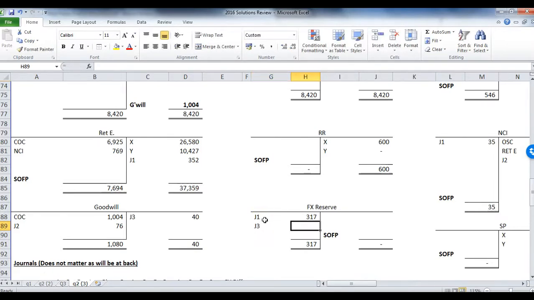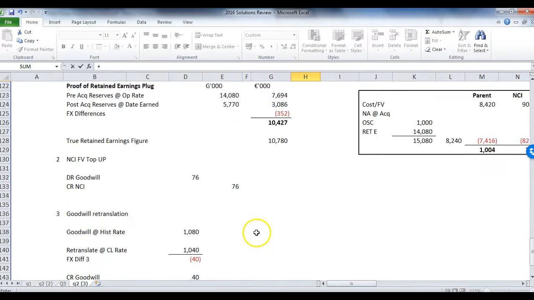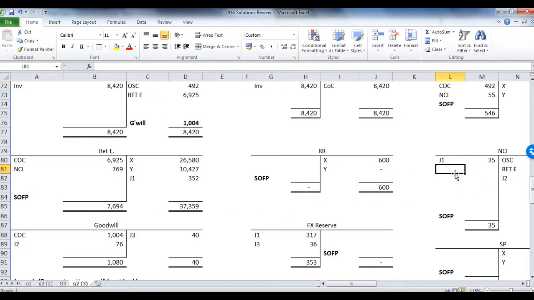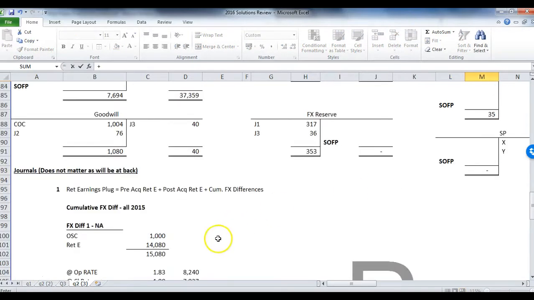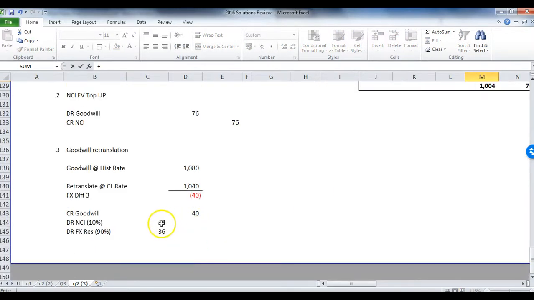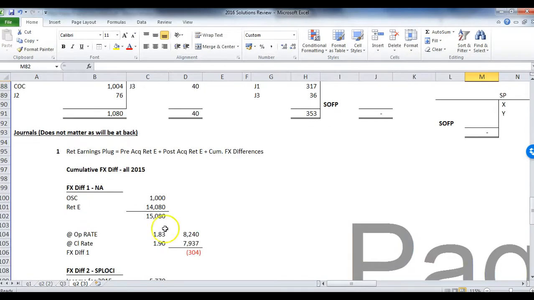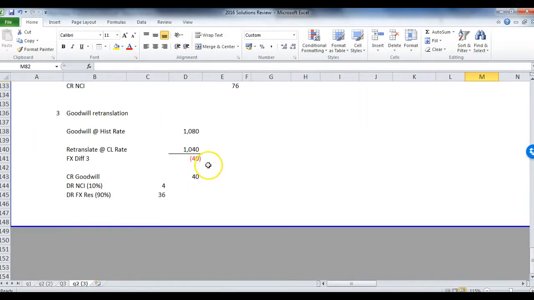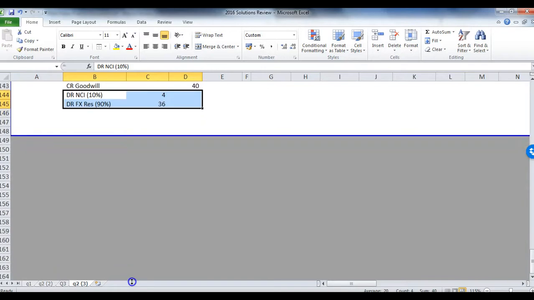This is journal 3, gets an additional 36, and the NCI themselves get, in journal 3 as well, an additional 4 as a debit. So again, they are the only adjustments specific to the IAS 21 goodwill retranslation, and you give a portion to the NCI only if the NCI is measured at fair value.